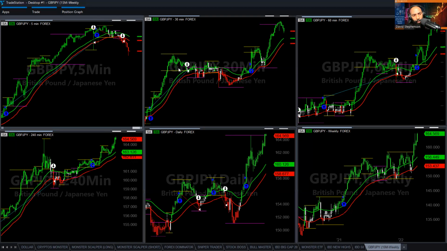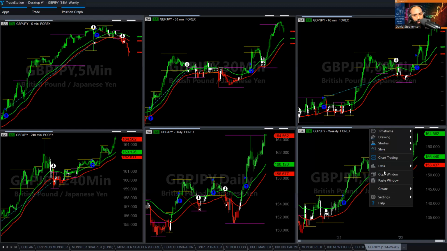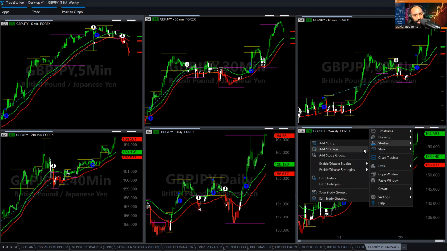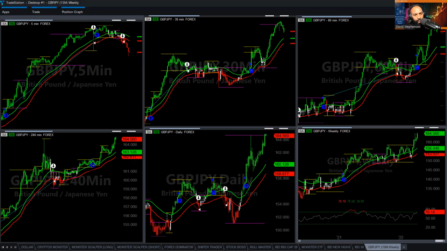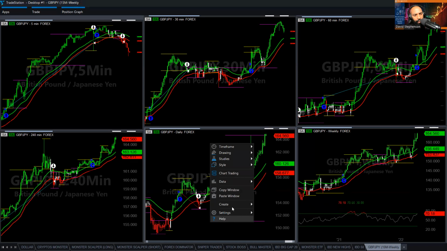So if we know that they're overbought, let's bring in our RSI, and we'll bring it in on every time frame. Here it is on the weekly.